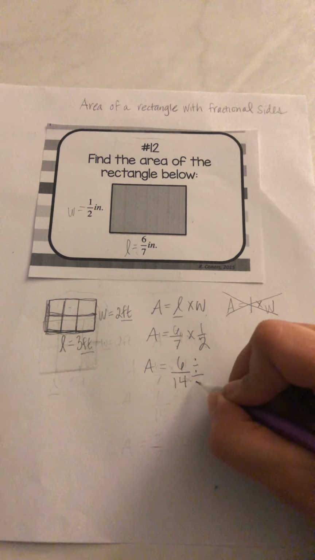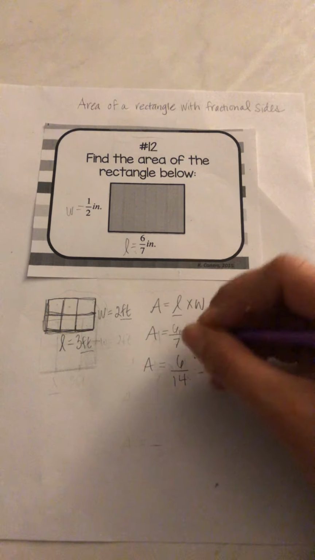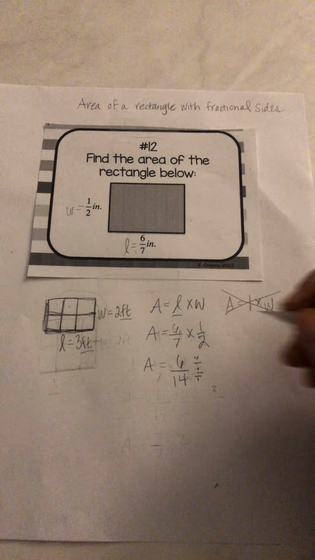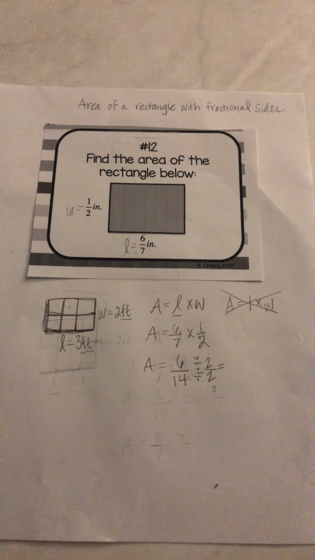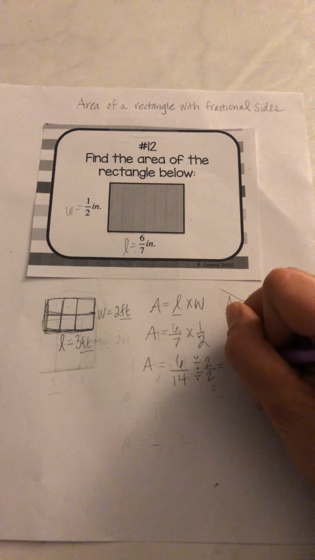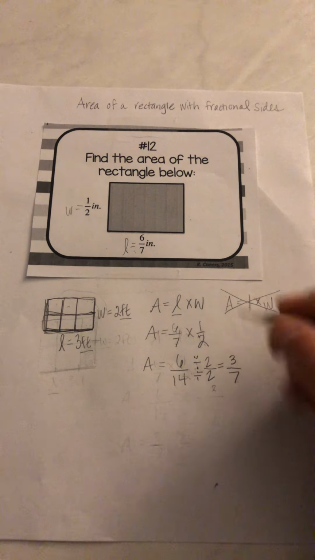Now this has a common factor. Both the numerator and the denominator have a common factor of 2. So I can reduce it by dividing by 2 over 2 and getting an equivalent fraction to 6/14, which is 3/7. So the answer is 3/7.